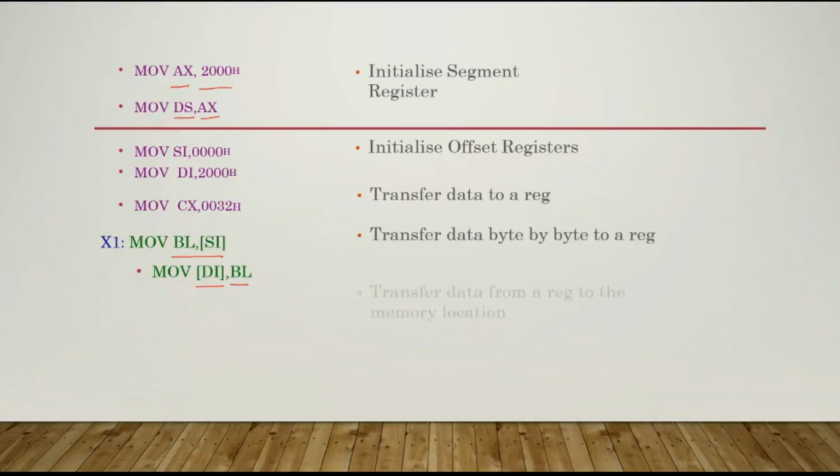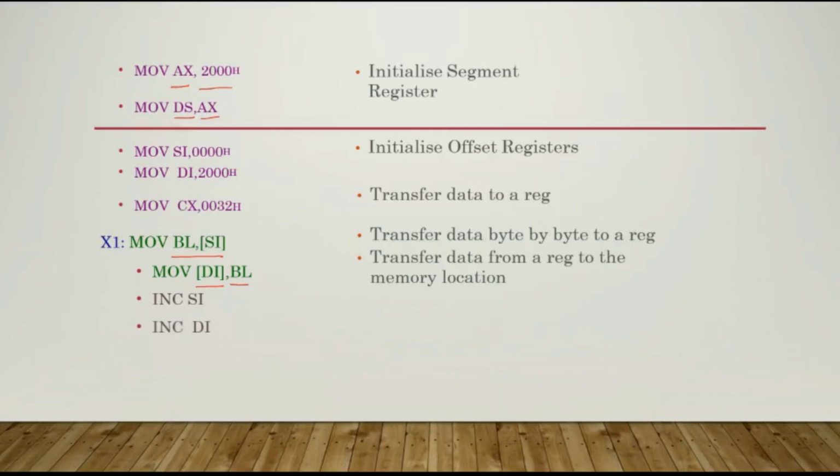As I want to move to the next address, I will increase SI so that if initially SI was 0000, now it will become 0001. I will increase DI, which was 2000, it will be 2001. So I am now pointing to the next address in source as well as in destination.